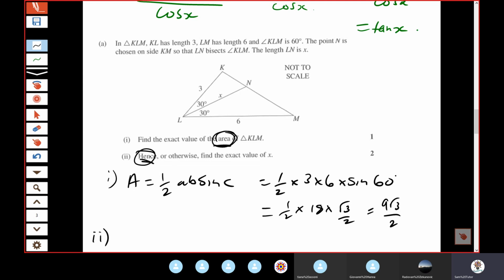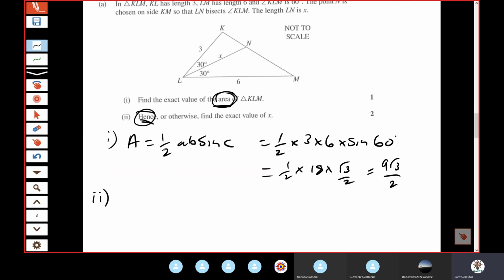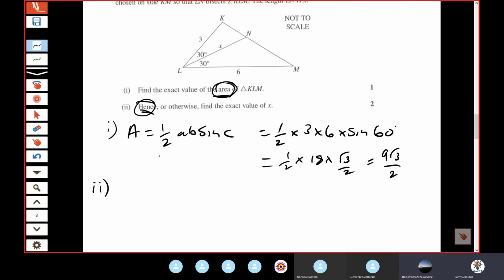Anybody at home? Even if it's wrong, just tell us what you're thinking so we can narrow down some ideas. Would you use the sine rule again? But you can't, right? Do you have another angle? Well, you've got this 60 degrees, and you have the length of 6.